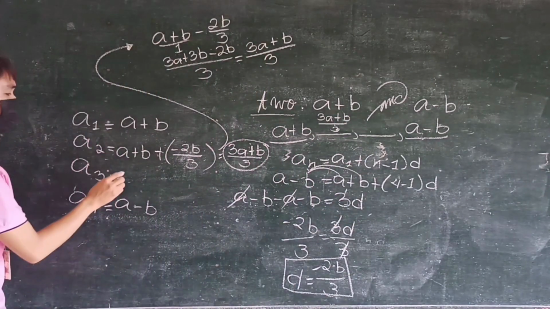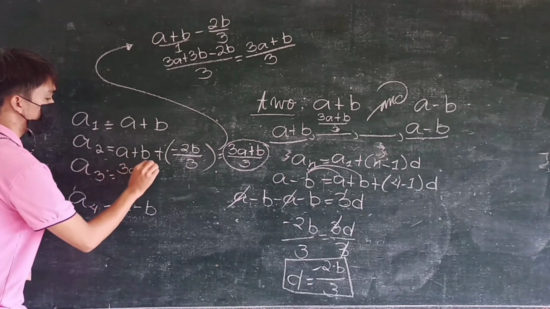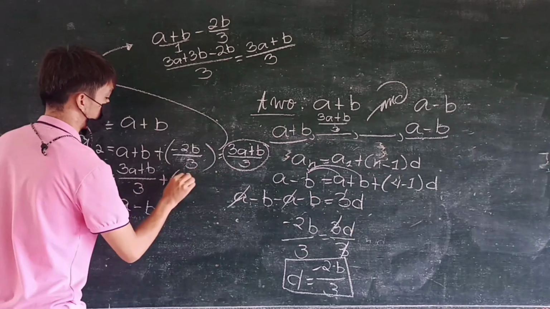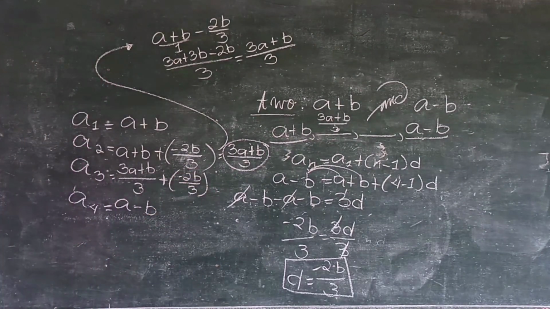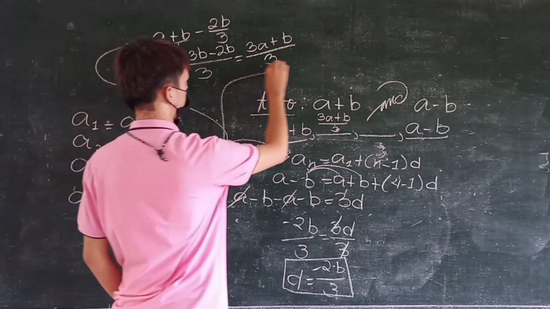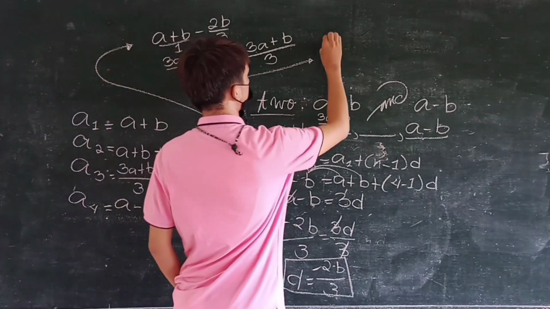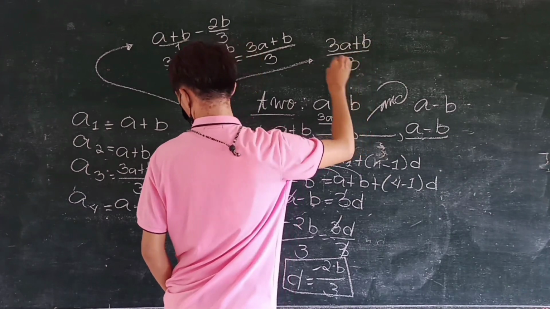So next, the same process, we're going to write the value of the second term here plus the common difference. This is our solution. We're going to add 3a plus b over 3.